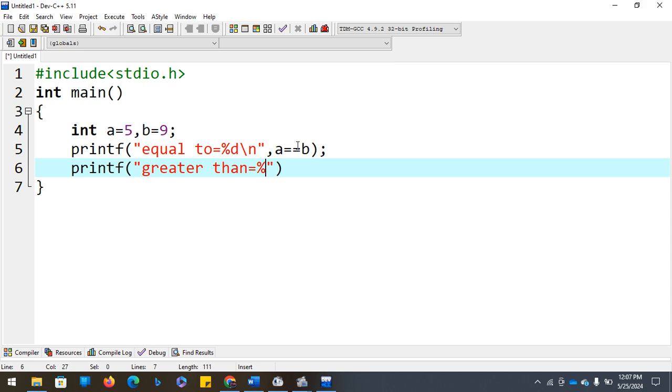If the condition is true, it returns 1. If the condition is false, it returns 0.